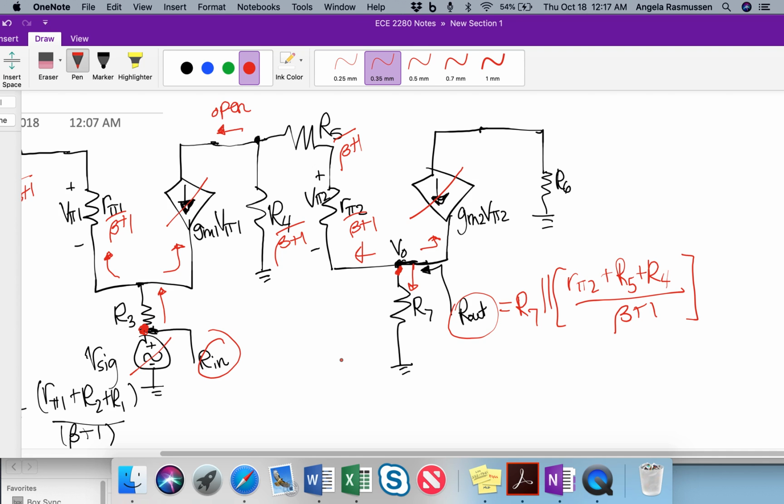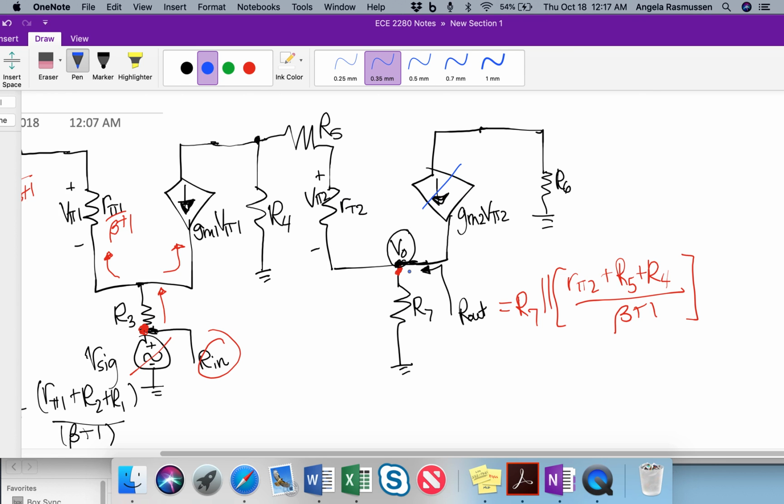Now we want to look at the voltages. And so now we want to find our Vout over Vsig. So to do that, we're going to write an equation for Vout. Again, we can ignore this if we reflect.